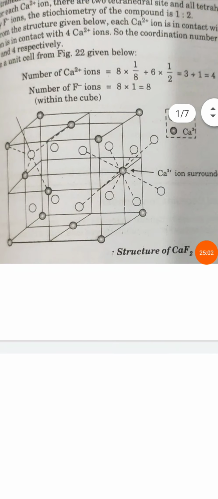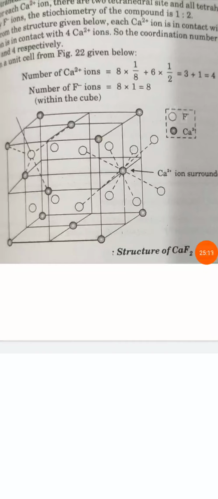Then the radius ratio comes out to be 0.52, and the value is in the limiting region of 0.414 to 0.732, hence the coordination number is 6. So sodium ions occupy octahedral holes while chloride ions form a CCP arrangement.